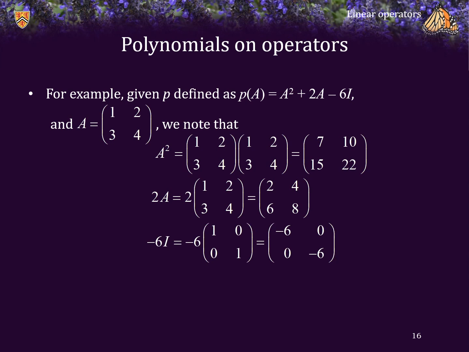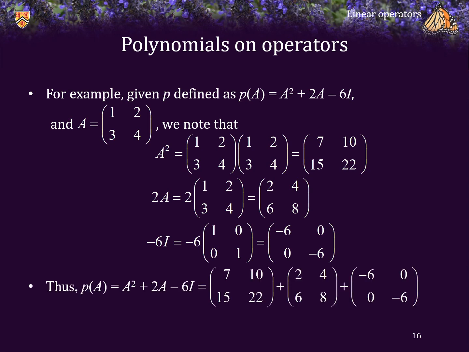And negative 6 times the identity operator is the matrix negative 6, 0, 0, negative 6. Consequently, this polynomial evaluated at this operator is the sum of these three matrices, and summing up the individual entries, we get the matrix 3, 14, 21, 24.